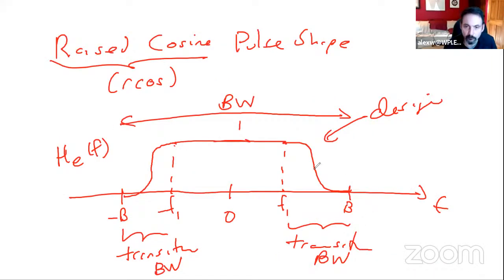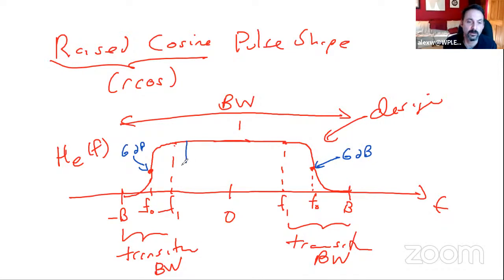So this is important. There and there. F0 minus F0. Okay. So what's interesting is if you change the specs of this, everything pivots on this 6 dB point, right?